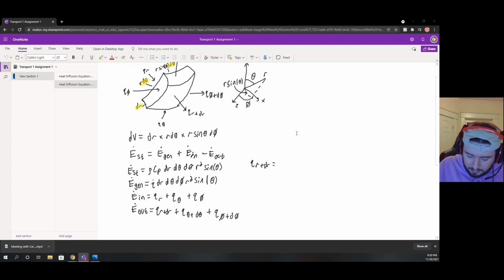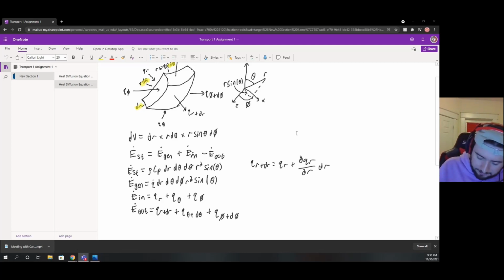So it can be heat flow in the r direction plus the partial derivative of heat flow in the r direction over the partial derivative of r times dr.